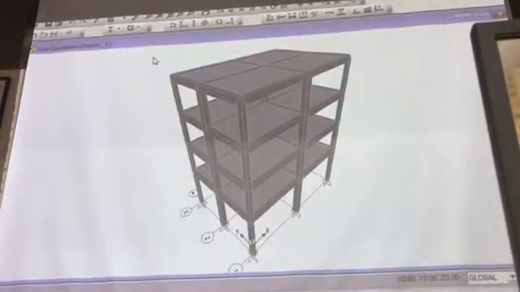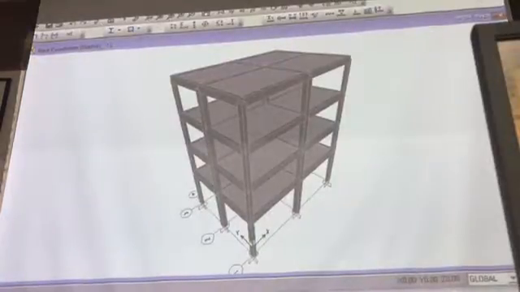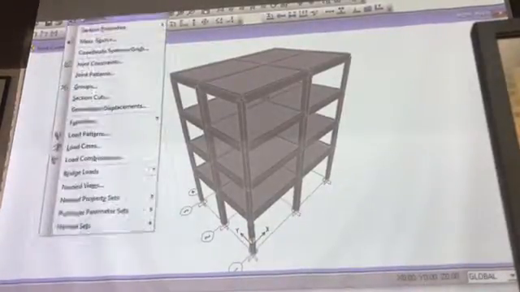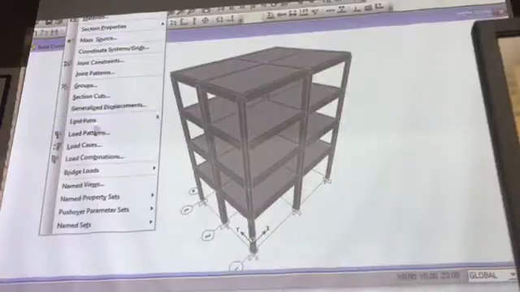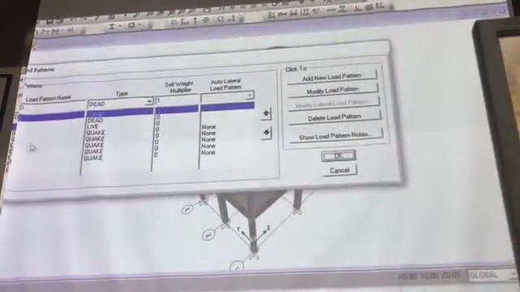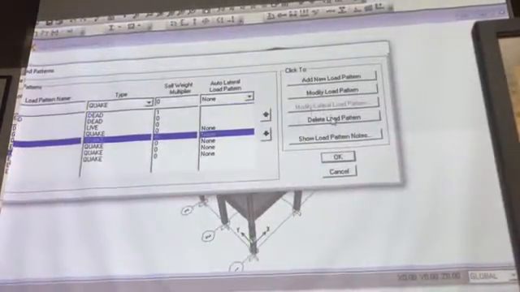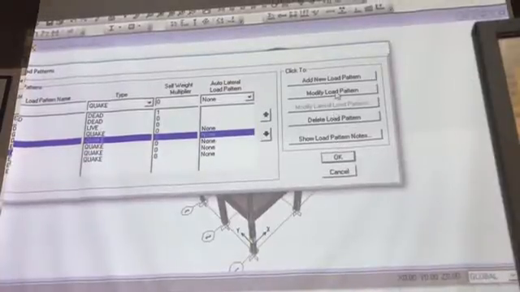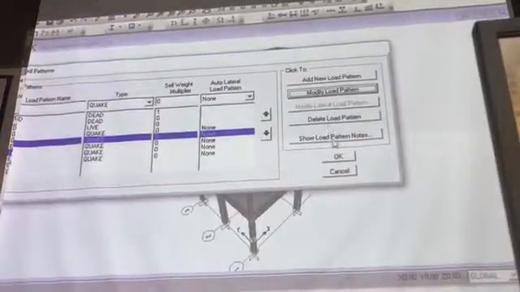Now, how am I going to assign these loads? We come here again, define load patterns. This is quake load, right? EXP, modify load pattern.